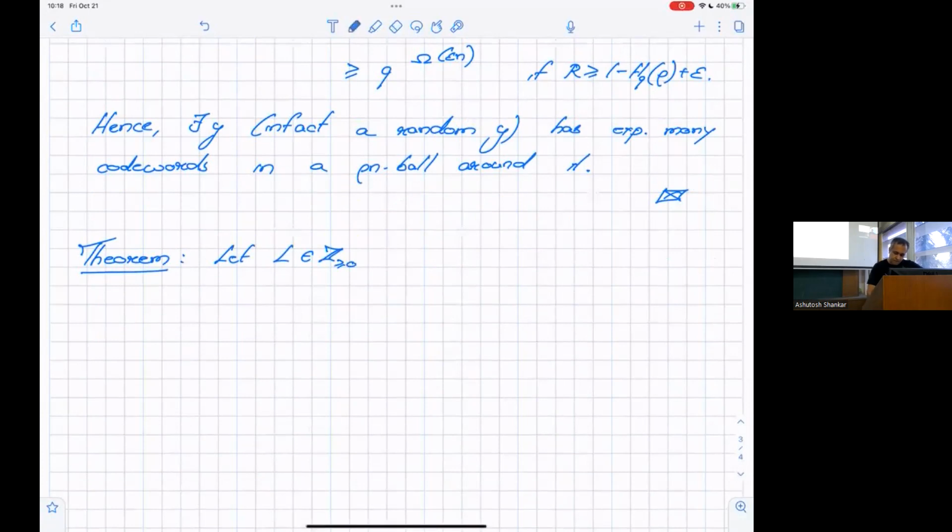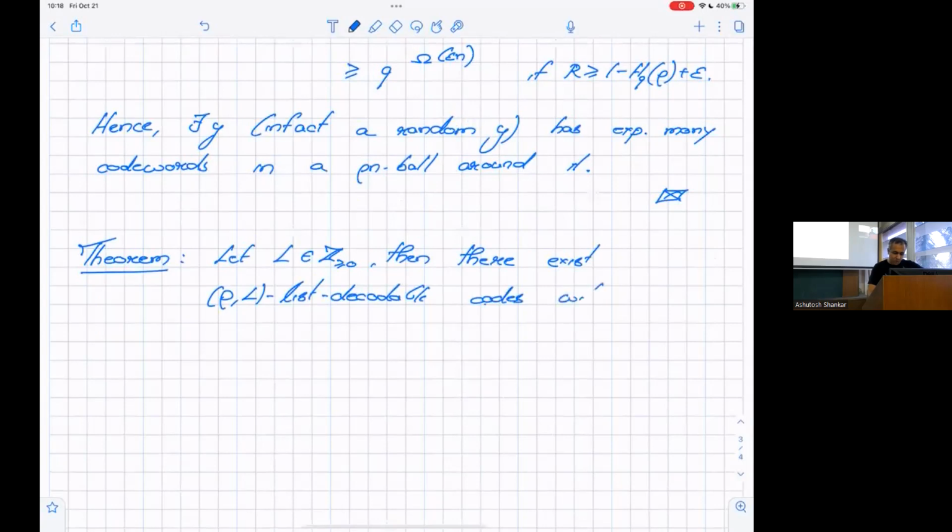Then there exists a rho, L list-decodable code with rate greater than or equal to 1 minus H_q(rho) minus 1 over L.